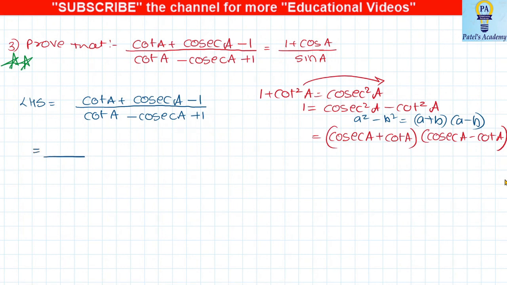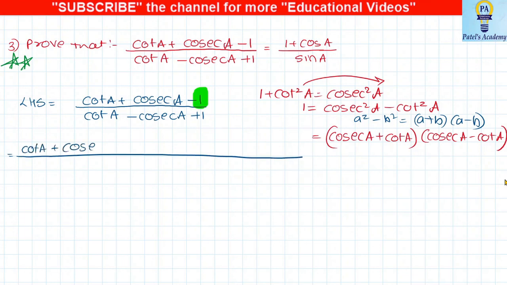Now see this, students, left hand side, what I'm doing. See the LHS what I have written. See this one, I'm highlighting with green. Now see what I'm writing. I'll start from here. I'm writing cot A plus cosec A as it is, minus, instead of 1, can I write down (cosec A plus cot A) and (cosec A minus cot A)?